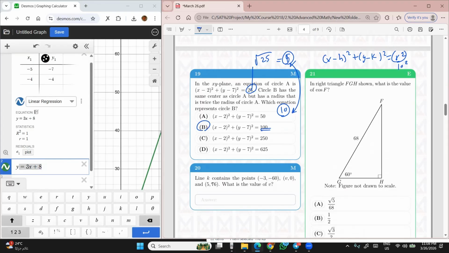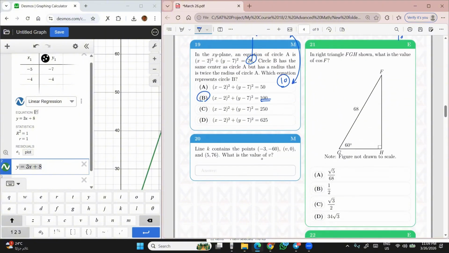Question number 20. Line K contains the points. These 2 points are given fully, but this one has a missing value of v. What is the value of v? Because it's a line, you can write this line on Desmos as 2 points only, and then we get the value of v by considering this.